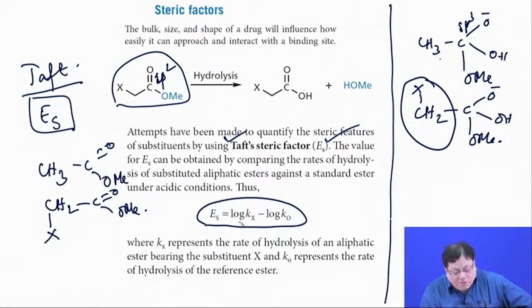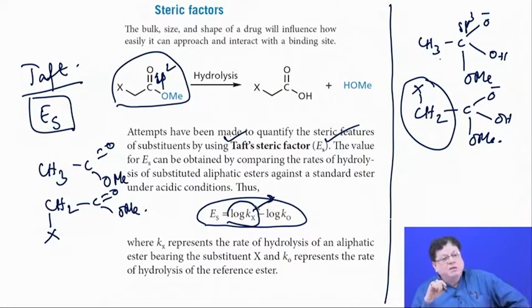Again, Es equals log Kx. Now, this is rate. In case of the electronic factor, Hammett's electronic parameter, that is the equilibrium or the dissociation constant. In this case, it is the rate, because the steric factor is associated with rate. So, this log Kx, that means the log of the rate of hydrolysis of this minus the log of the rate of hydrolysis of the parent compound.